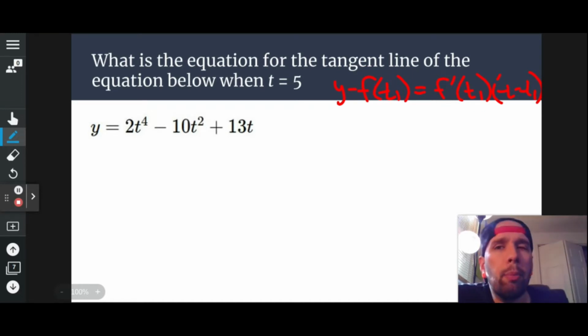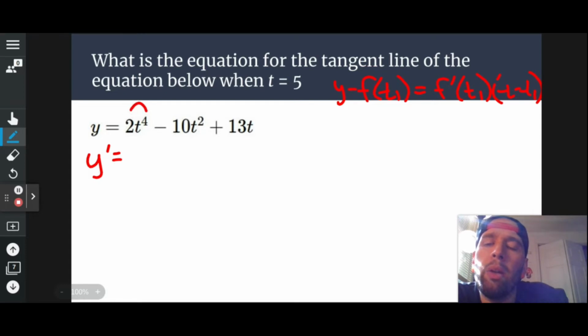So f prime, or the derivative, y prime. Maybe I should have used y, but it's too late. Y prime is going to be, bring that down, 8t cubed, bring that down, minus 20t, get rid of that, plus 13.